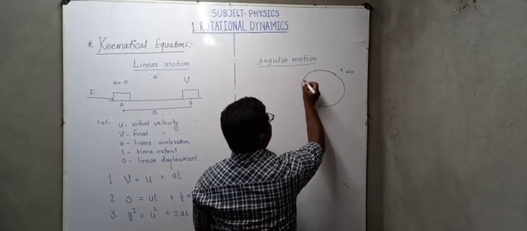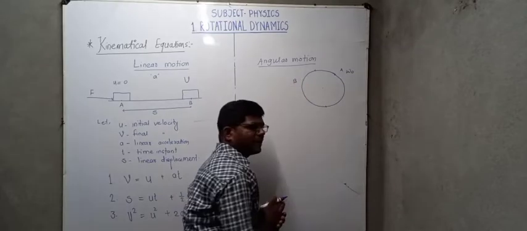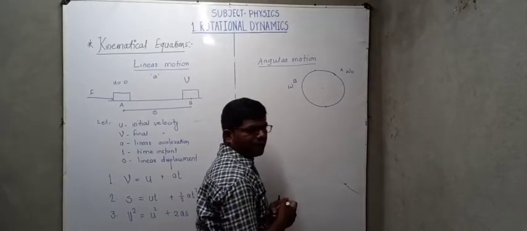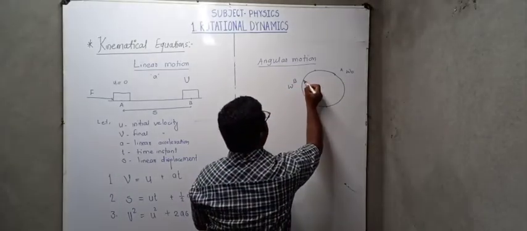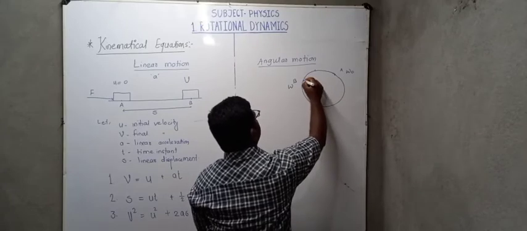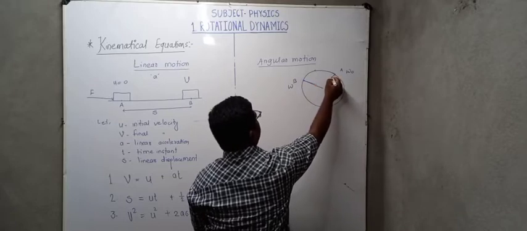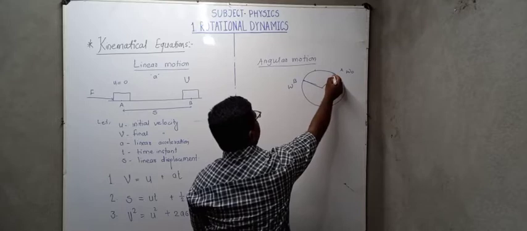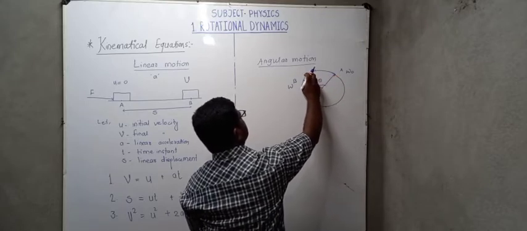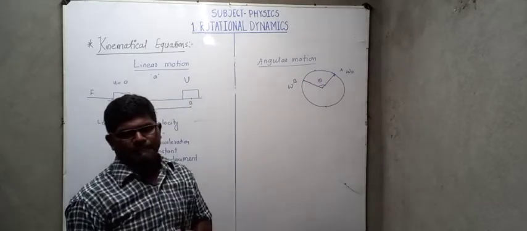Now, after some time t, the same particle reaches point B. Here, final angular velocity will be omega. Now, if we join these two vectors with the center, they make an angle theta with each other, and this theta is nothing but angular displacement.